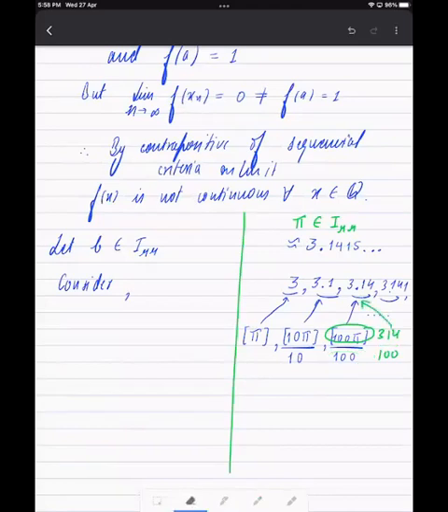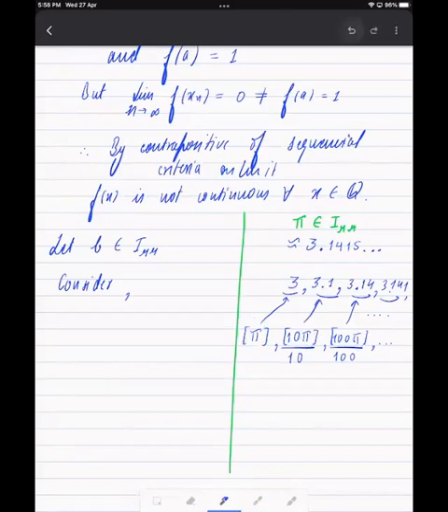Getting my point? In this way, I can generate a sequence whose every term is a rational and the sequence itself converges to an irrational number. And I haven't used the value of pi; I'm actually using pi everywhere.